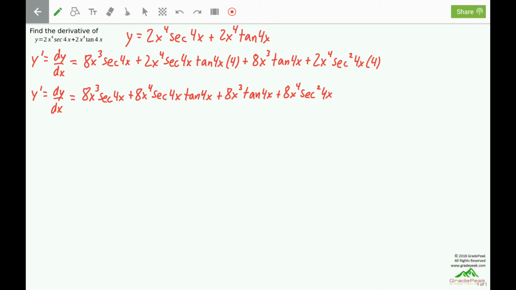The next thing I'm going to do is factor. There's a common factor of a constant 8 in each of the terms. We can factor that out. And there's also powers of x in there. I see we have an x cubed, an x to the fourth, an x cubed, and an x to the fourth. So the lowest power is going to be the cubed.